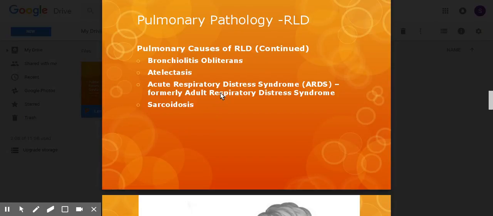This can be the result of severe high altitudes, trauma to the lungs. It can also happen as a result of the patient having to be on a cardiopulmonary bypass unit for a surgery.